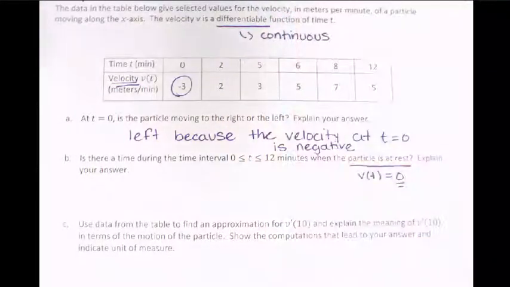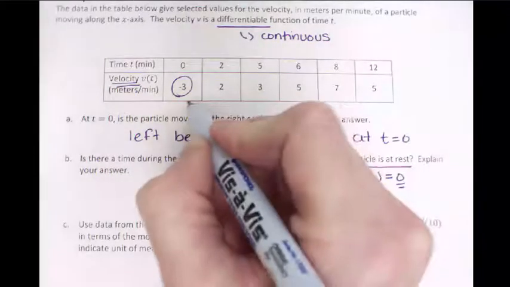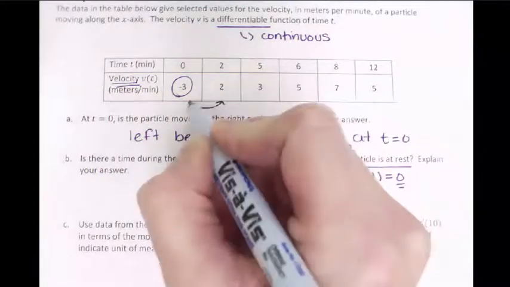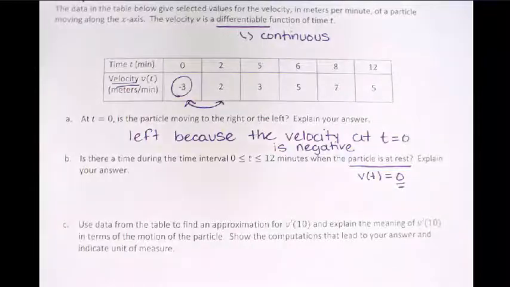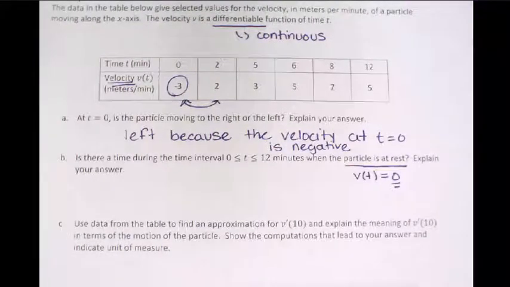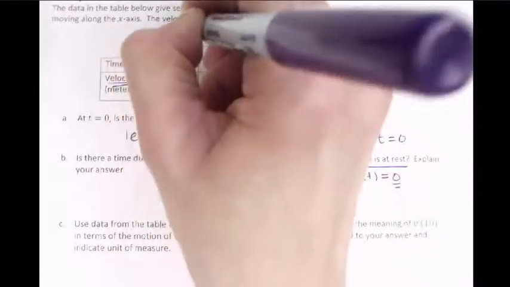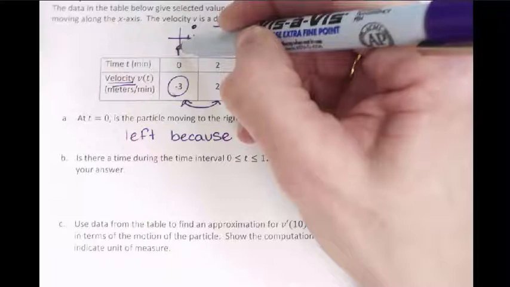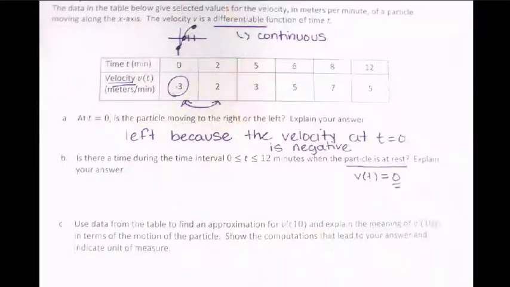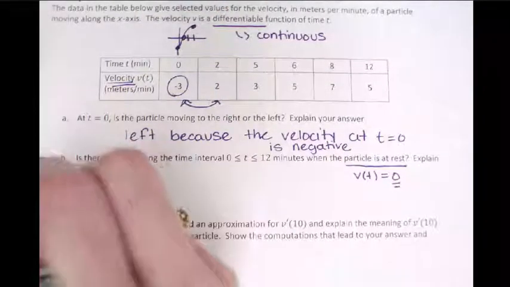So if you look here, if I'm going to go from -3 to +2, and I have a continuous function, I'm going to have to hit 0 in between there. If we think about them on a graph, 0, -3 would be down here, 2, 2 would be up here. If I'm going to connect those, somehow I've got to hit 0. So the answer to that is yes.